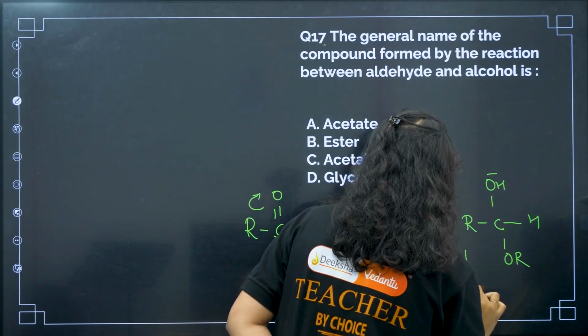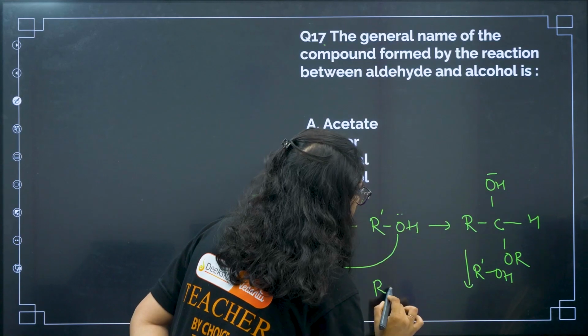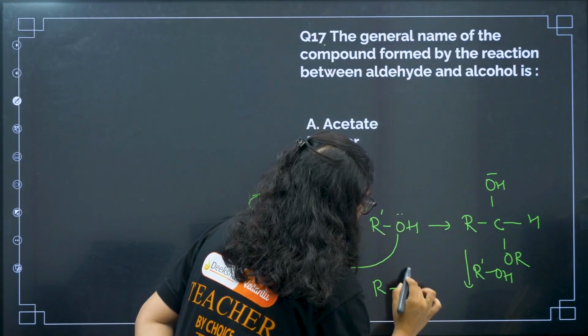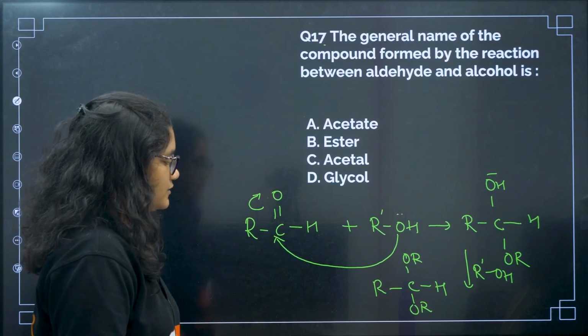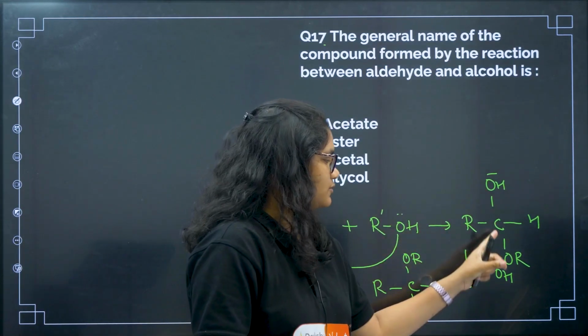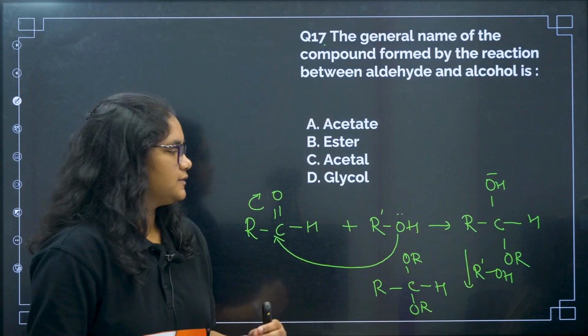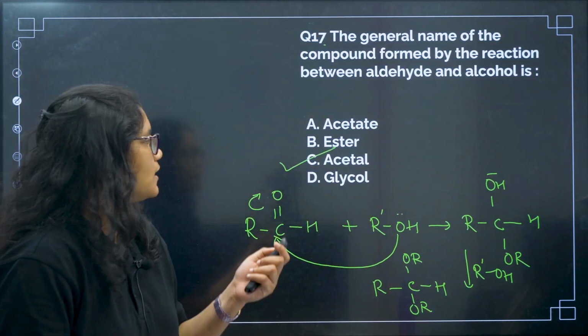Then again, if you treat it with another molecule of alcohol, we'll get R-CH with OR and OR, right? So this type of compound is called an acetal and the first compound is called a hemiacetal, right? So the correct answer for this question will be option C.